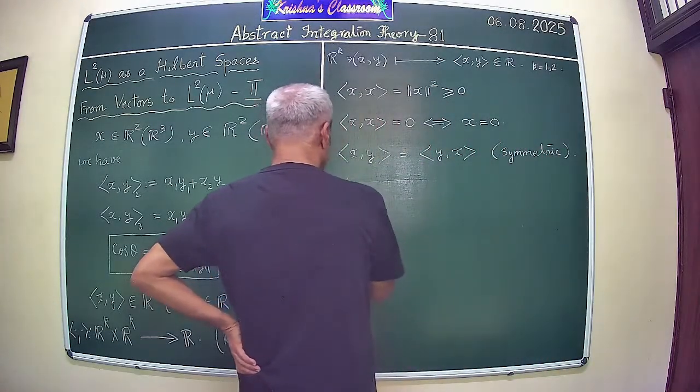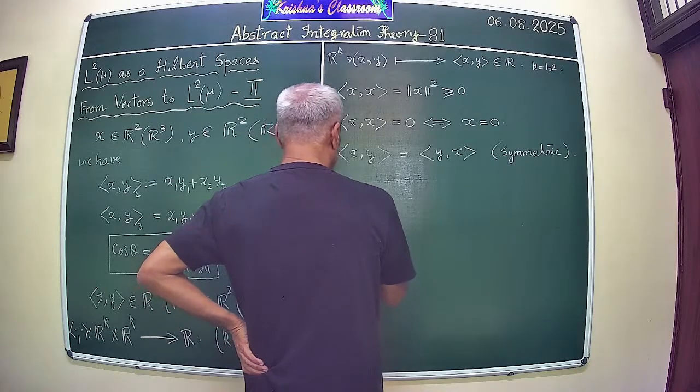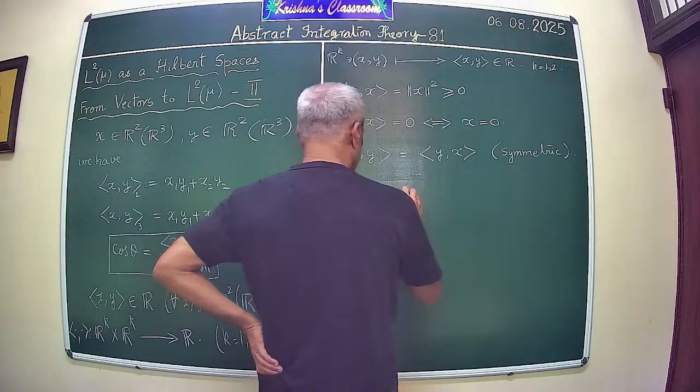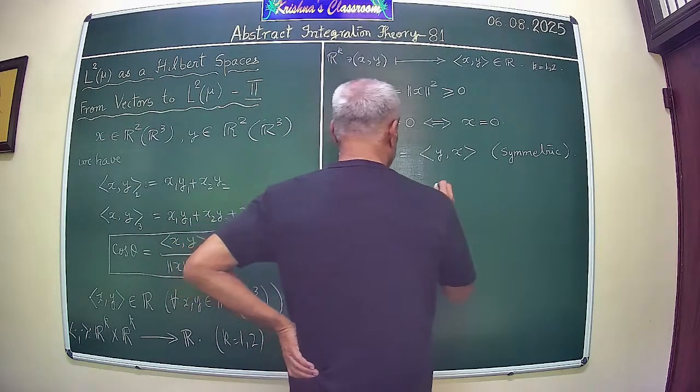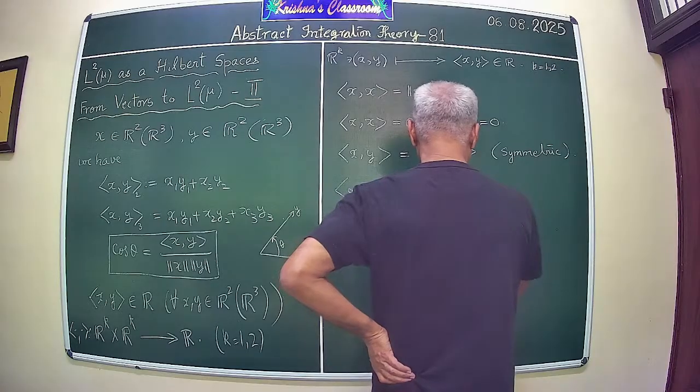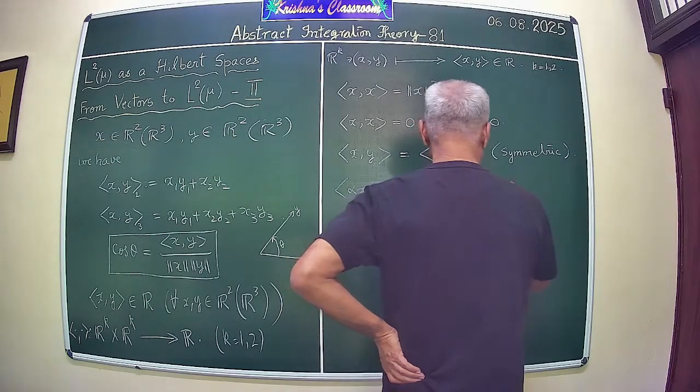Then alpha x plus beta y, z equals alpha times x, z plus beta times y, z.